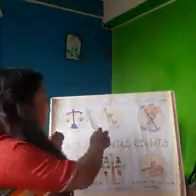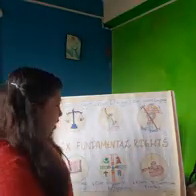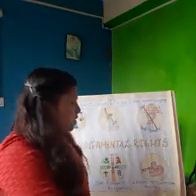So, in our Indian Constitution, we have altogether 6 fundamental rights, that is, right to equality, right to freedom, right against exploitation, cultural and educational rights, right to freedom of religion, right to constitutional remedies.